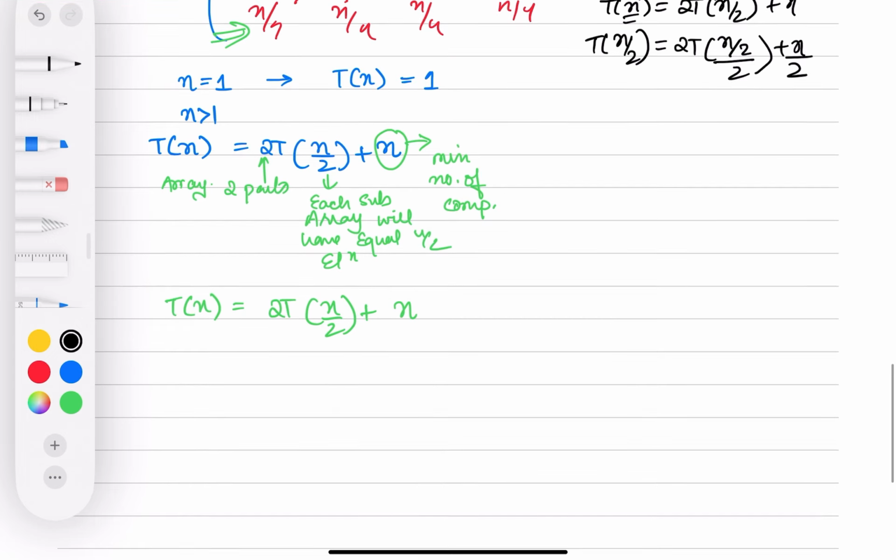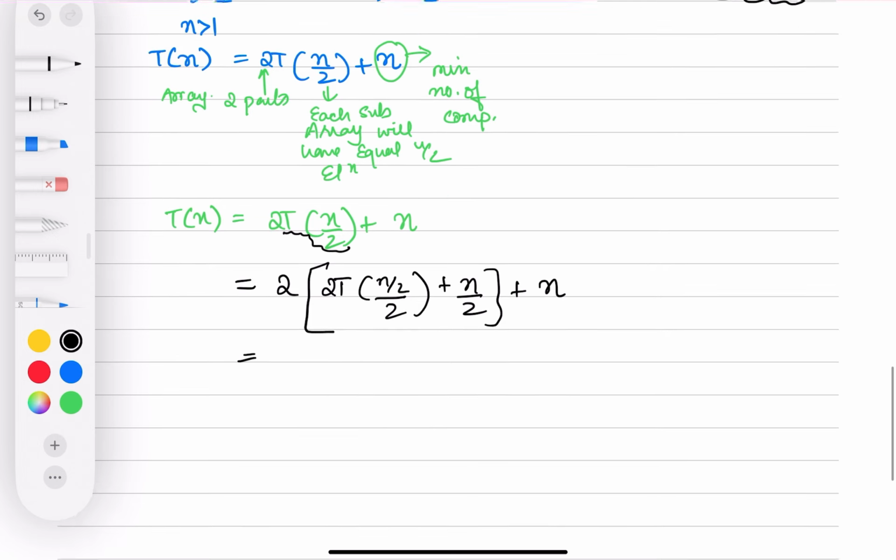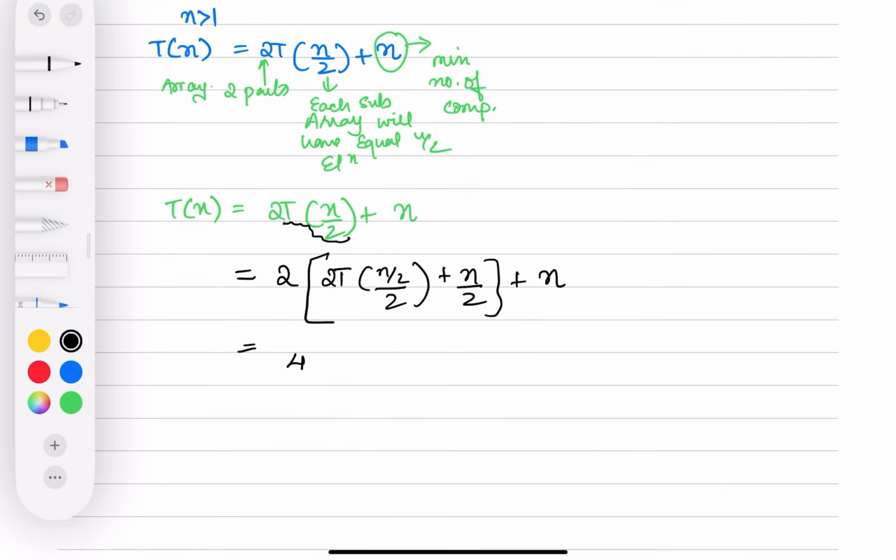So in the second pass, instead of T(n/2), put this. You will get 2 times [2T(n/2 by 2) plus n by 2] plus n. If you solve this, you get 2 times 2, that is 4T(n/4), plus n by 2 multiplied by 2 is n, plus n is 2n.